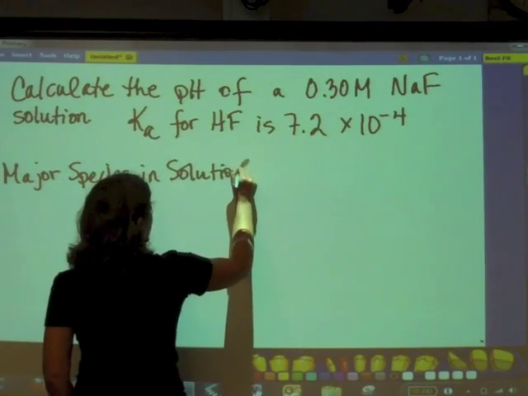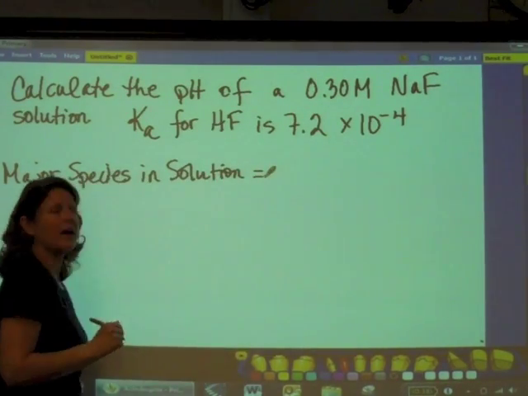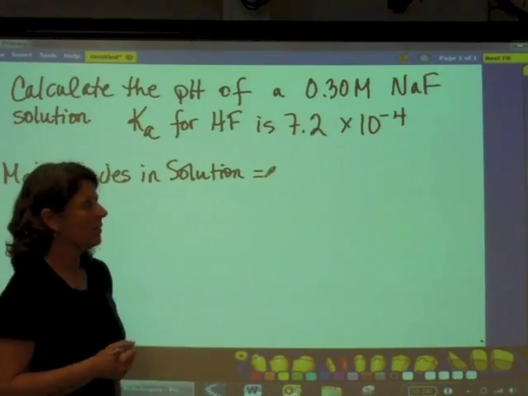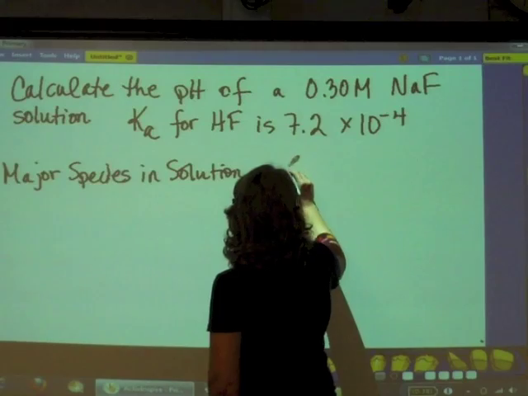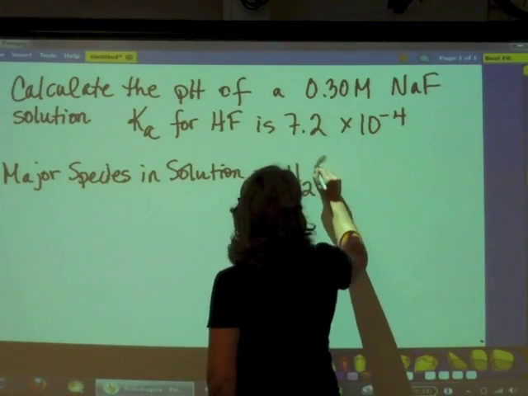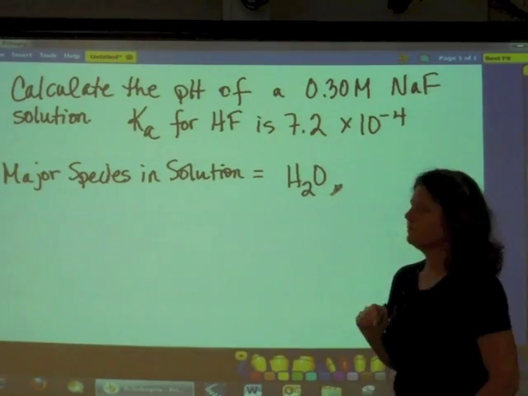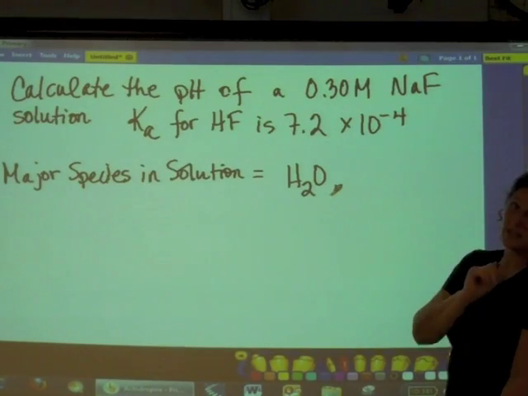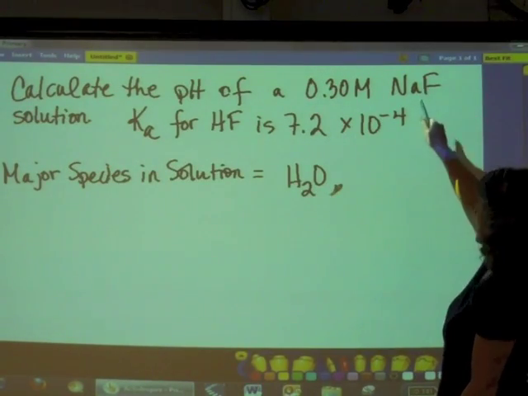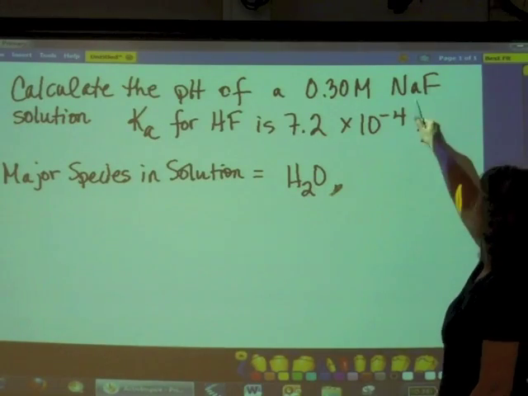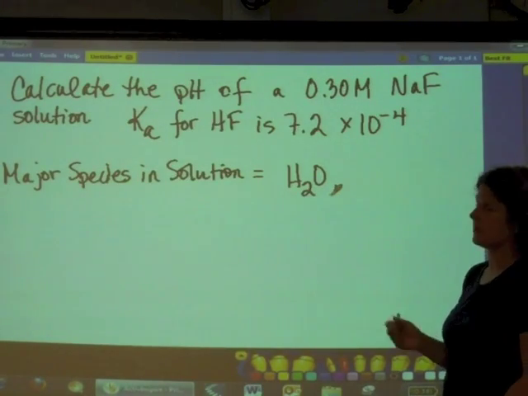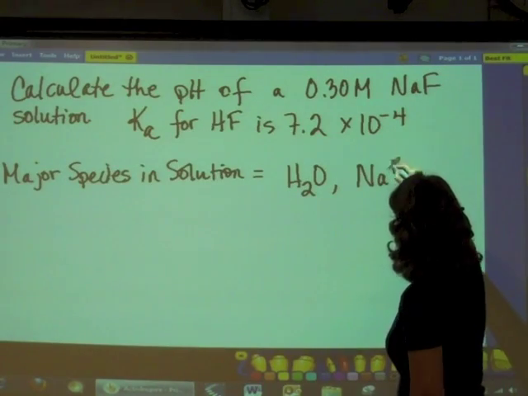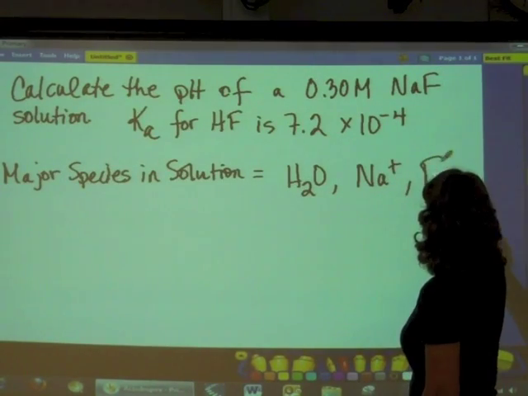Okay, so what do we have in a beaker of 0.3 molar sodium fluoride? Well, we've got water. Now, if it's a solution, that means that it's dissolved. Besides that, it's a group 1 metal, so it's always soluble. So we've got sodium, and we have fluoride.